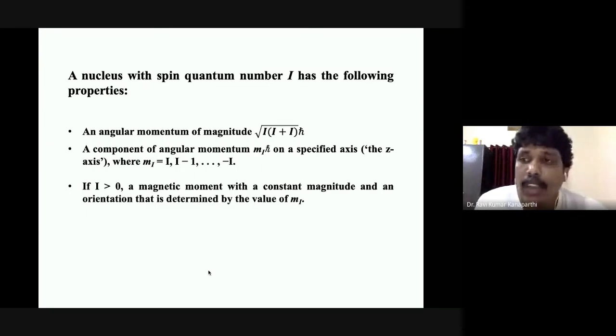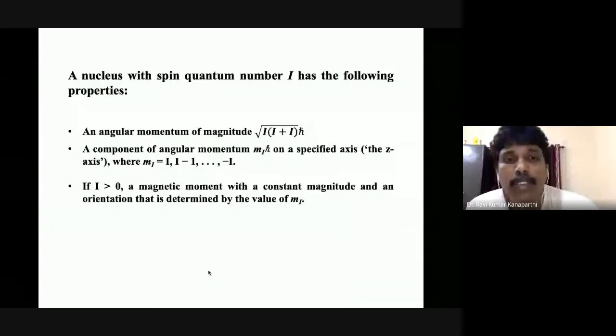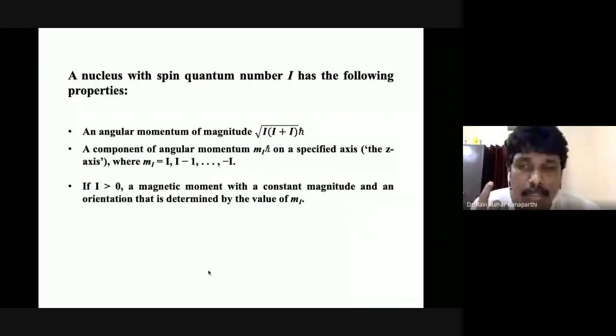So what we concluded in quantum chemistry was that we can measure, at a given time, only one of the components. That component, for the sake of convenience, we have taken as Lz. Likewise here also, if a nucleus has a non-zero spin, it possesses the square root of I into I plus 1 multiplied by h cross as the magnitude of that angular momentum.